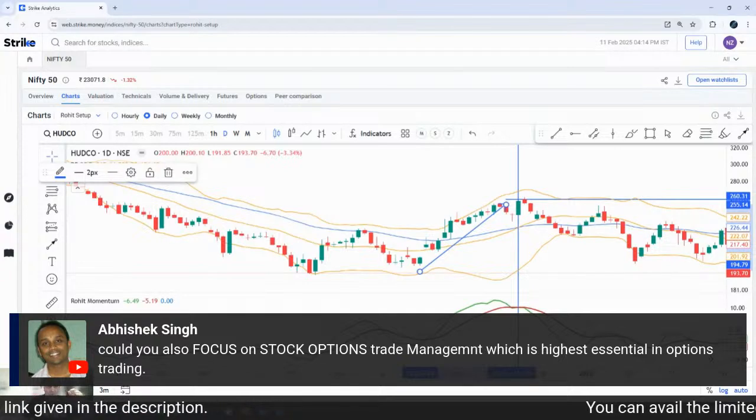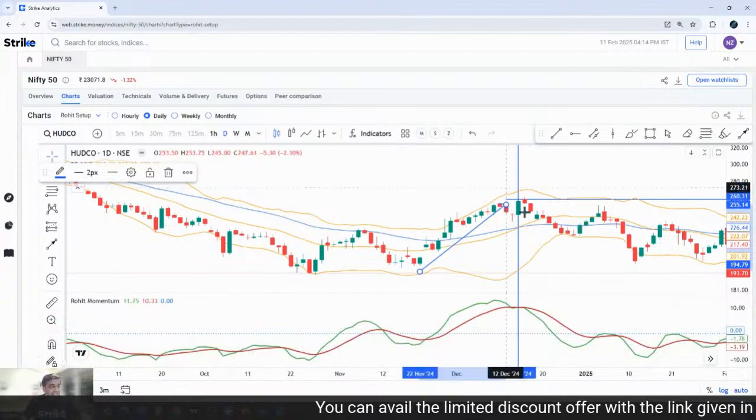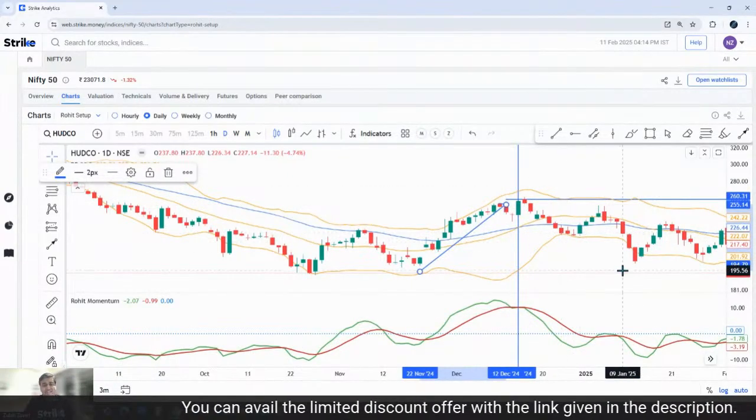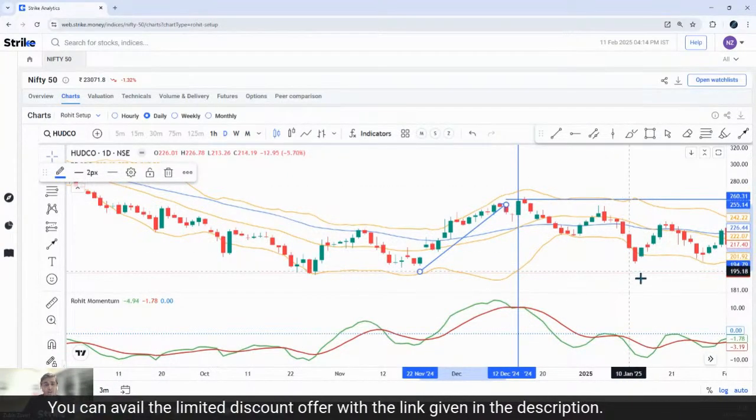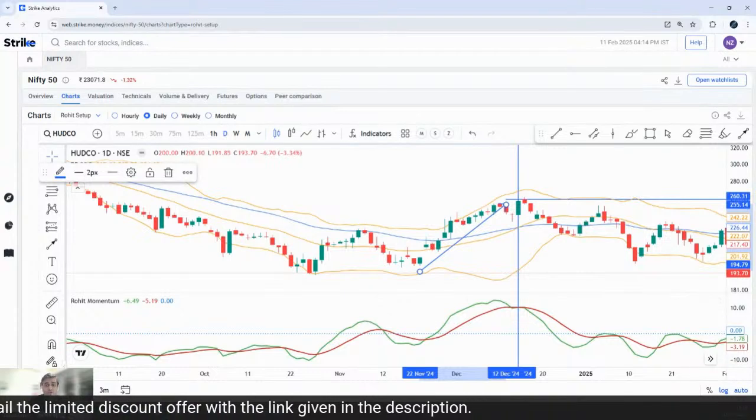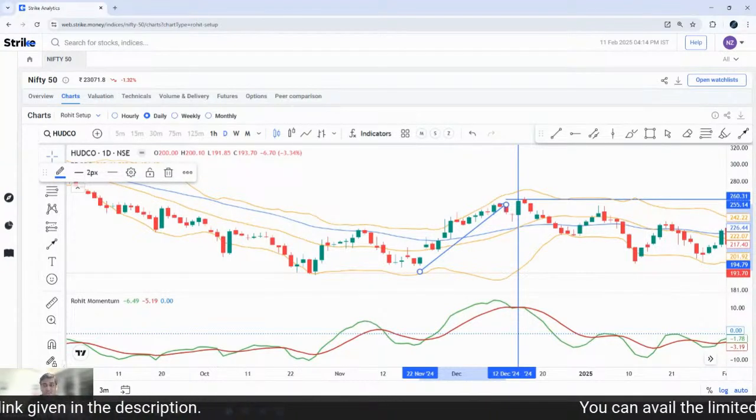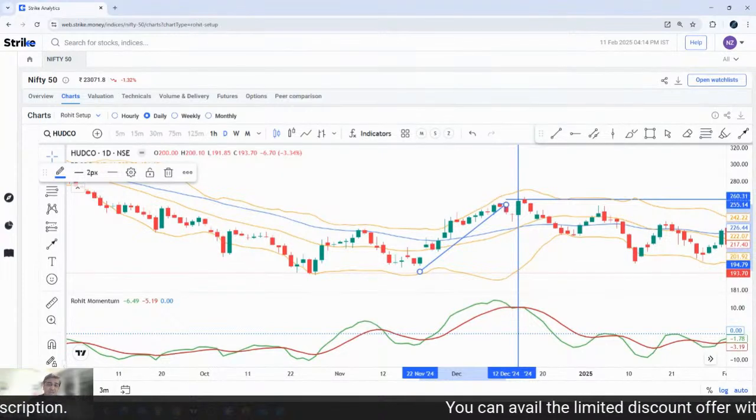There are various strategies also. So in this case, if you are bearish, you can sell a naked call, or else you can go for a bear put spread. And once you do a bear put spread, you will have limited profit and limited loss potential.